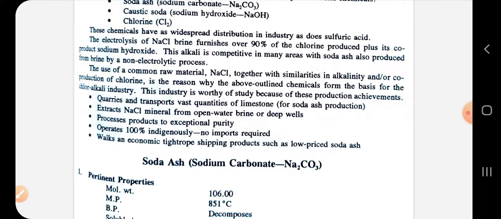So India has large quantities of limestone transported, extracts NaCl mineral from open water brine or deep wells, processes products to exceptional purity, operates 100% indigenously, and works on economic tightrope shipping products such as low priced soda ash.